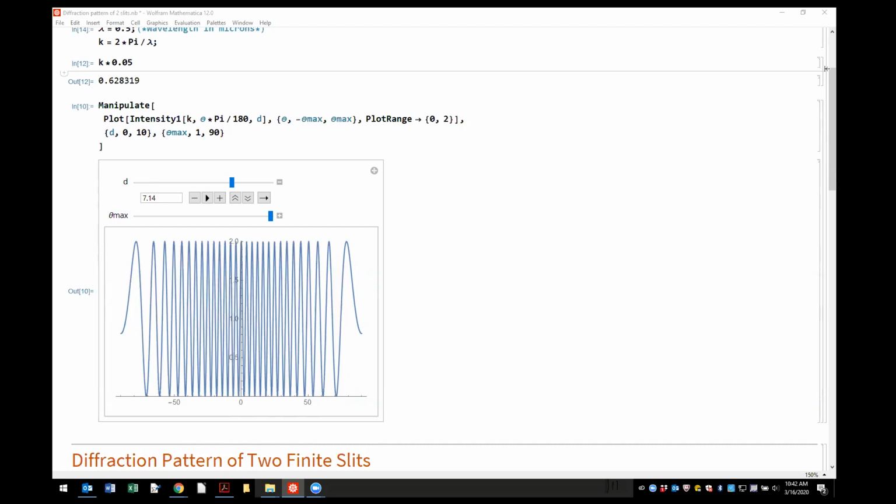But if lambda over d is really tiny, let's say that lambda over d equals 0.1, well, then we could have that sine theta is equal to 0.1 times 0.5, or 0.1 times 1.5, or 0.1 times 2.5, etc. So we can have a whole lot of interference minima, all right? And that goes to, let me see if I can go back to sharing Mathematica.